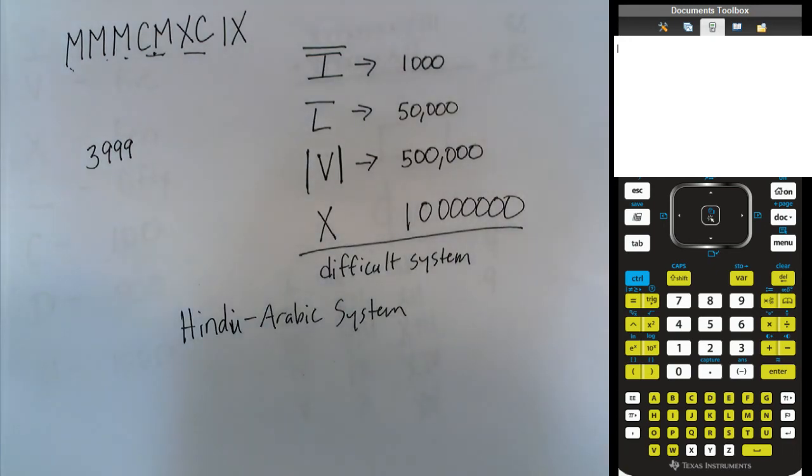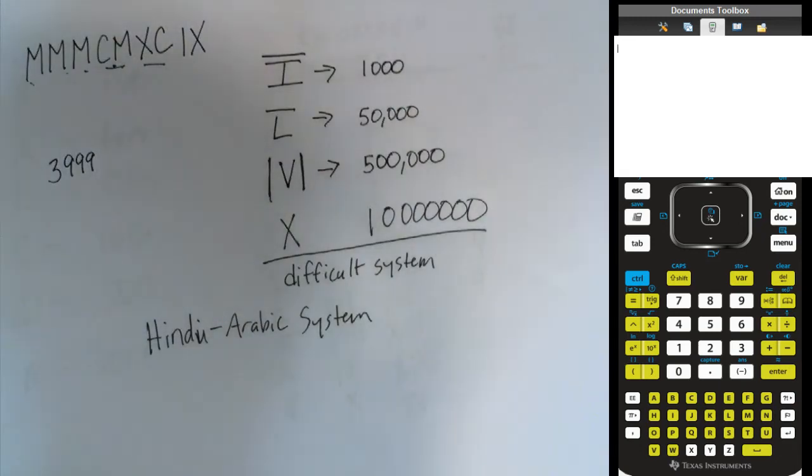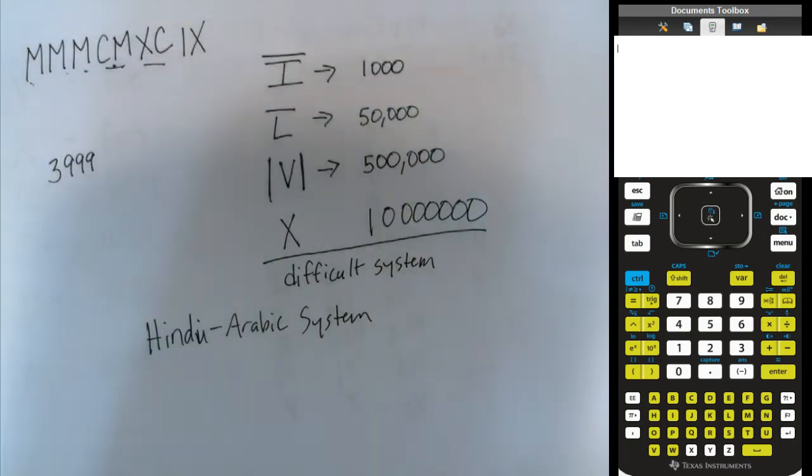So if you're taking a test like an SAT test, you might see a problem like this. If you're never going to take the SAT test or any kind of test with Roman numerals, you might want to stop the video now and go to the next video. I'm just going to do some examples and close out the video.